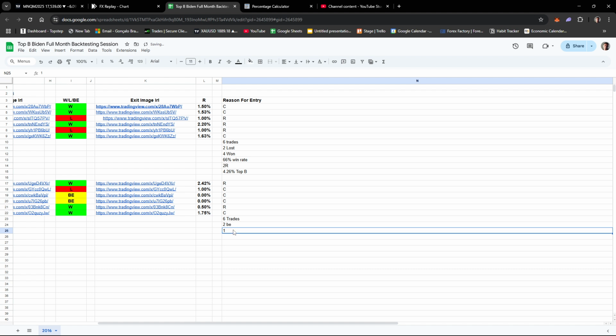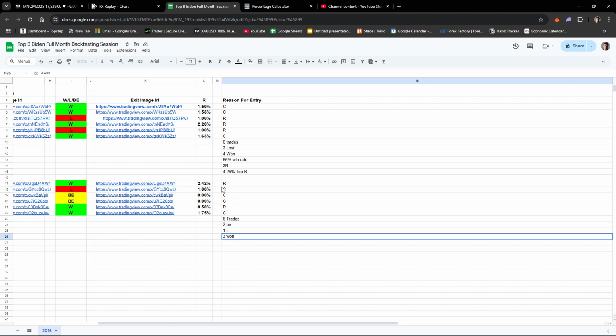Let's move it here. 3, 1. What was the net profit? So we made 1.75. So 1.75, 2.25 plus 1.7. So round that to 4. We minus 1. We can say that we made 3% with Trump.